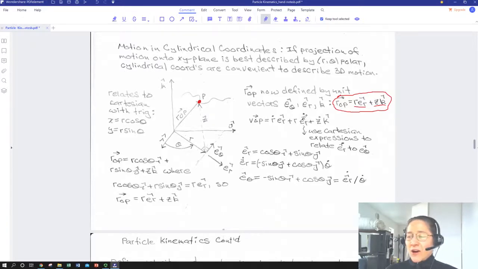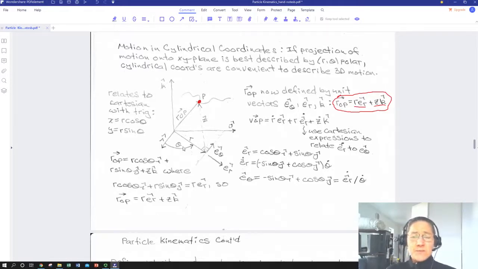The unit vector e r hat in the r direction is changing with time though, because if you imagine this point moving along this path, this r vector is going to have to track around to follow it. It's going to swing back and forth in the xy plane, the i hat, j hat plane, to follow the projection of this point that's moving along in space somewhere.